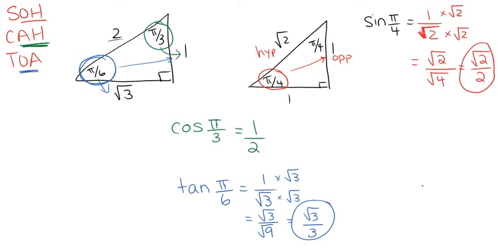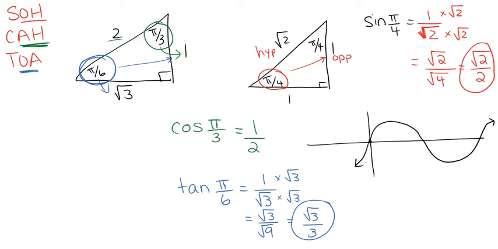Okay, so that's how you use special triangles to figure out exact values. And we all know from last year that the sine and cosine curves repeat themselves. So they look like this, and it continues on in both directions. Just to relate it back to degrees, this is 0 degrees. This guy right here is 90, or pi over 2 radians. This guy right here is 180, or pi.